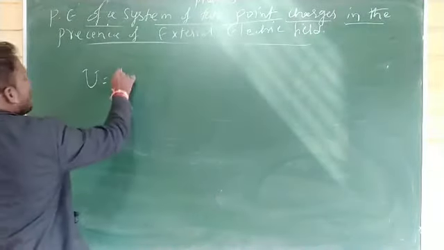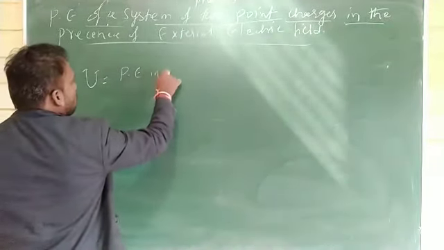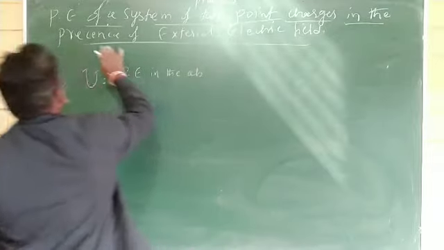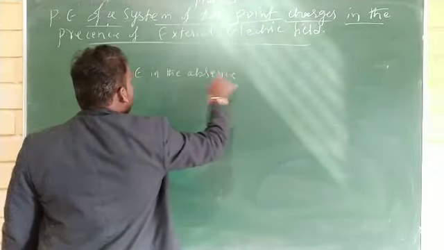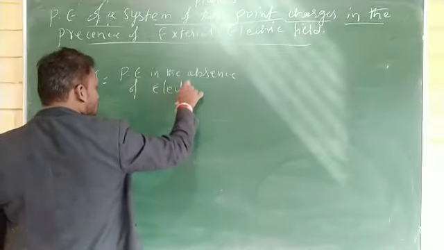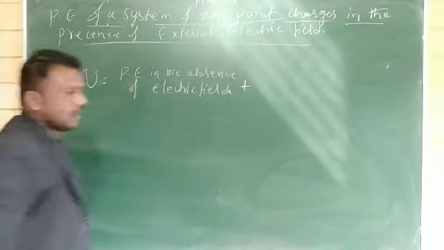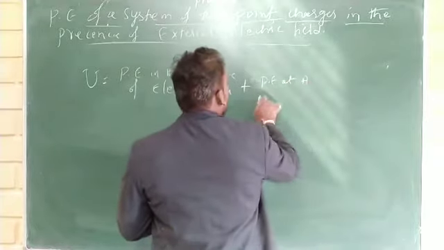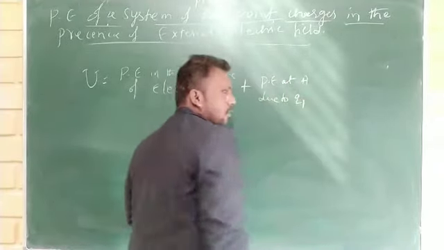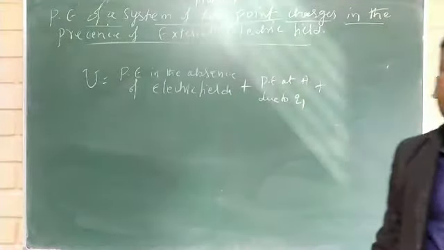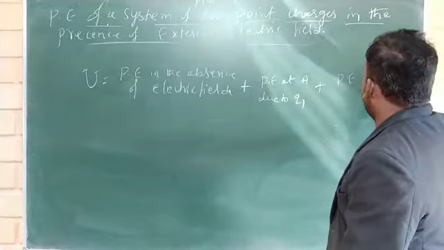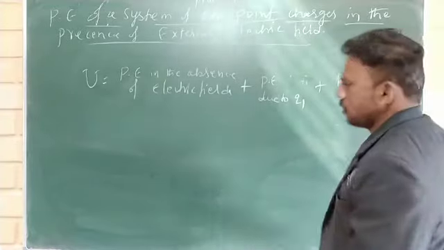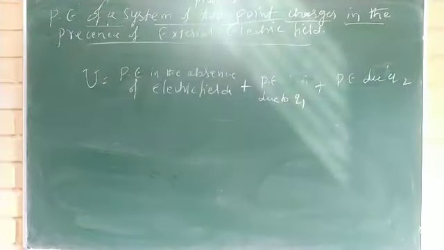U is equal to potential energy in the absence of electric field plus potential energy at A due to Q1 charge plus potential energy at B due to Q2 charge.